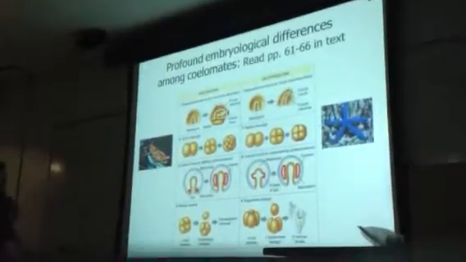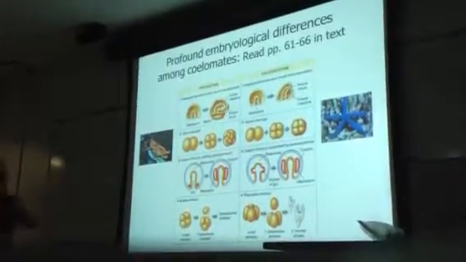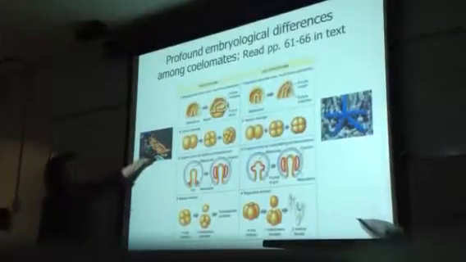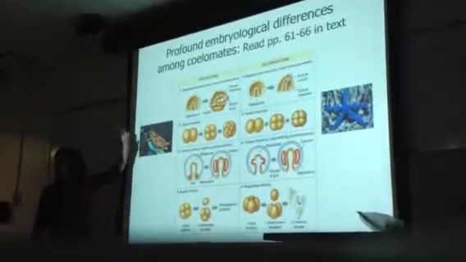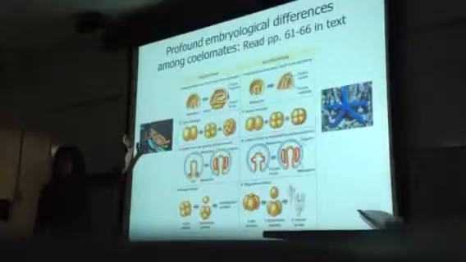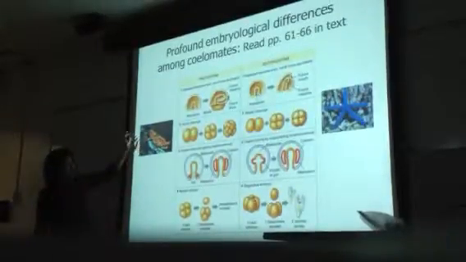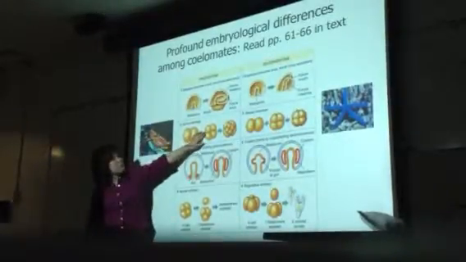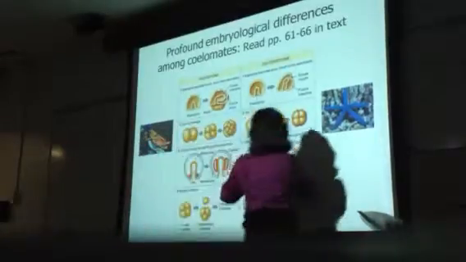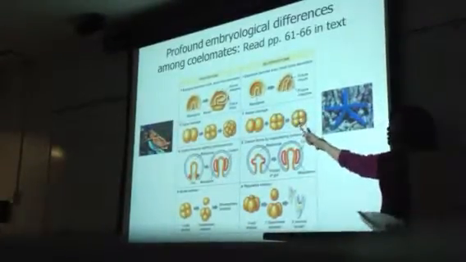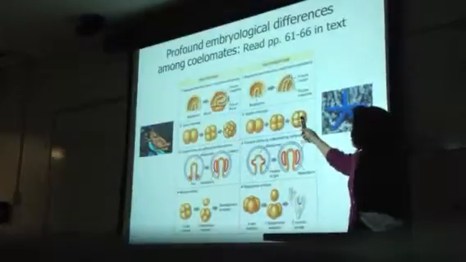Okay, so that's spiral versus radial cleavage. So again, protostomes, things like clams, polychaete worms and spiders have this type of cleavage, whereas sea stars and chordates have this type.